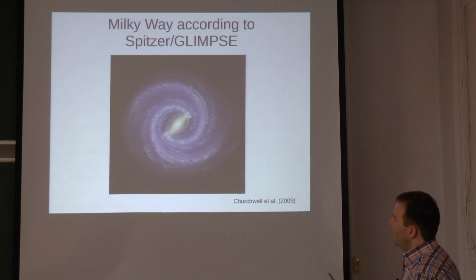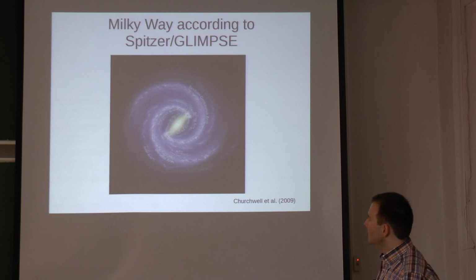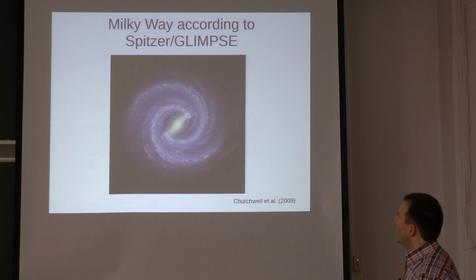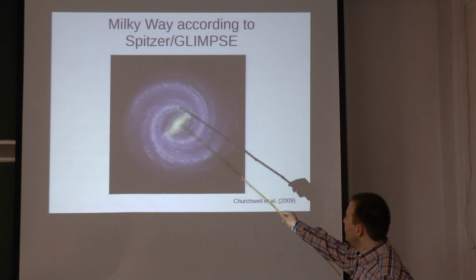As you can see, our galaxy is a spiral disky galaxy, so it's a really complex structure, and we have a galactic bulge in the center.